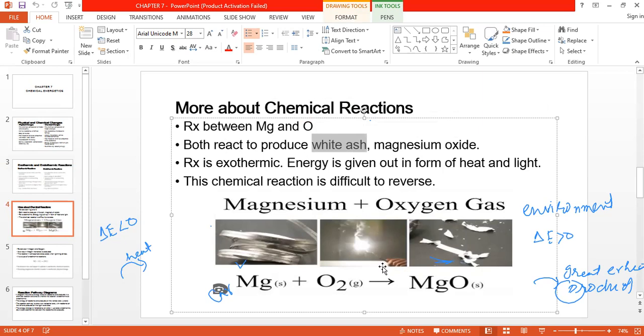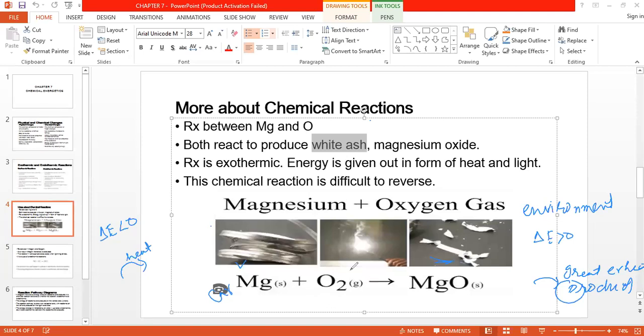So it is an exothermic reaction. This production of light and heat shows that this reaction is exothermic, and this reaction is quite difficult to reverse. MgO doesn't break easily to get reversed into magnesium and oxygen.